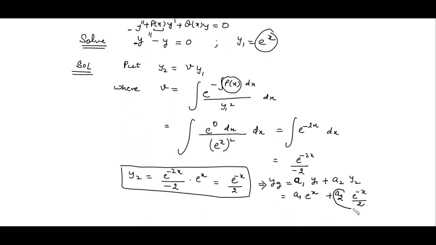We can club this with constant, so we can call a1 as new constant c1 and a2 upon minus 2 as new constant c2. So this is the general solution. So if we have any constant term with y2, we can club it with c1 and c2. So the general solution of this equation is c1 e to the power x plus c2 e to the power minus x.